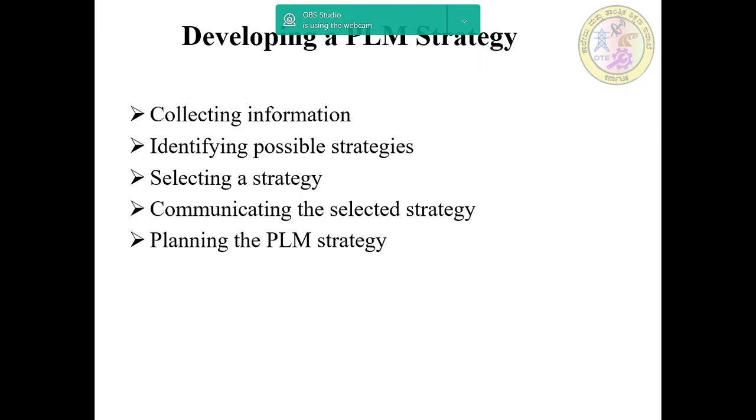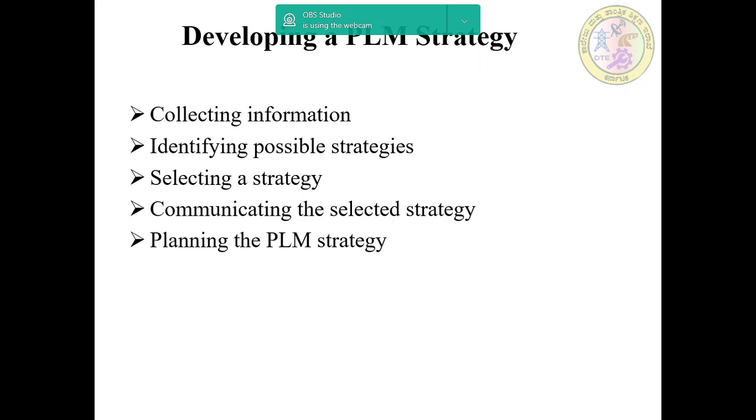And then last, developing a PLM strategy is planning the PLM strategy. This fifth step involves detailed planning followed by PLM implementation. The PLM strategy report must contain a plan showing how the strategy will be implemented over the length of the total duration for implementation.